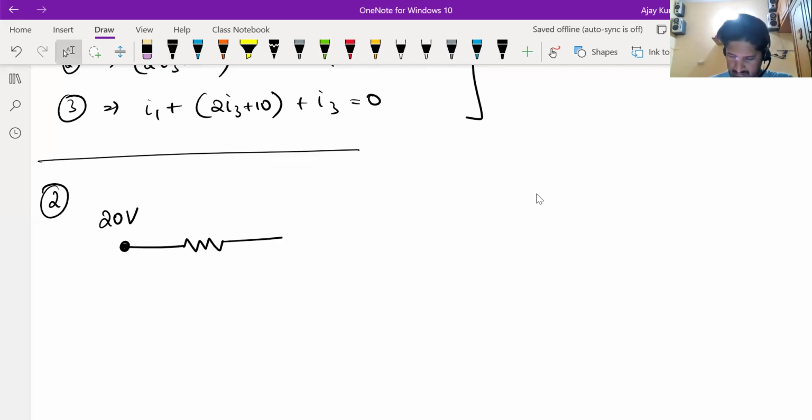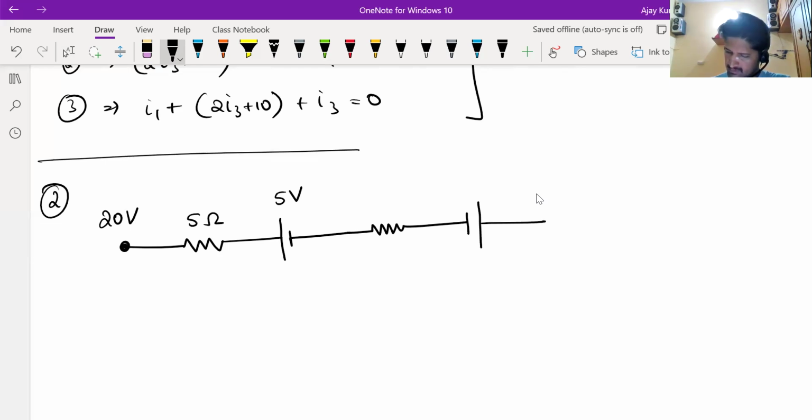Let's say there is a resistance of some 5 ohms, then a battery of, take 5 volts, then another resistance, and maybe another battery here, 10 volts. This resistance, let's take it as 10 ohm, and let's say this point is grounded.